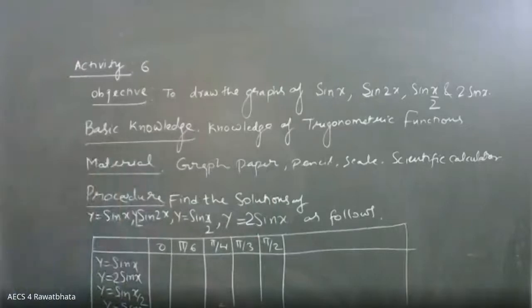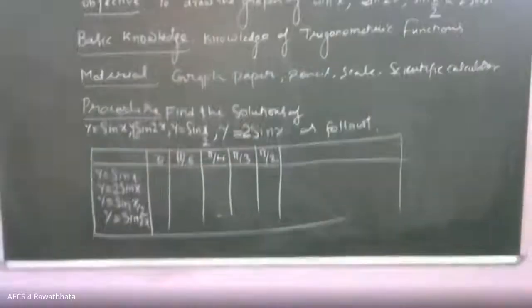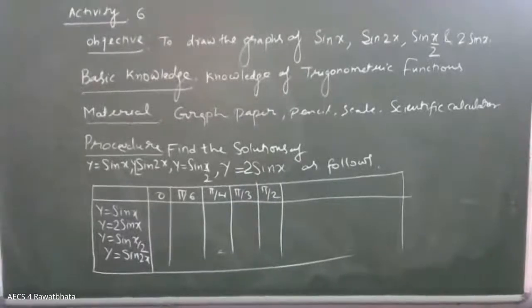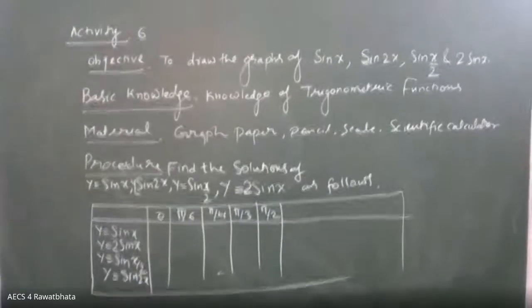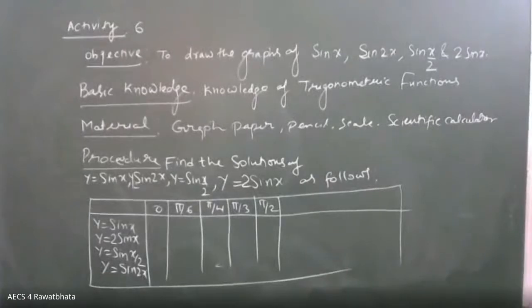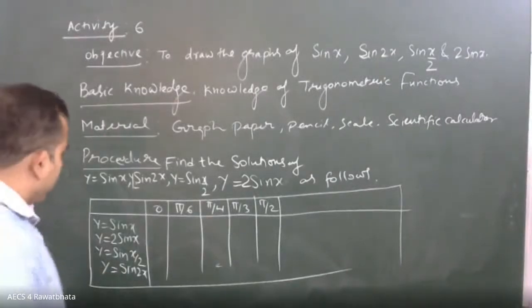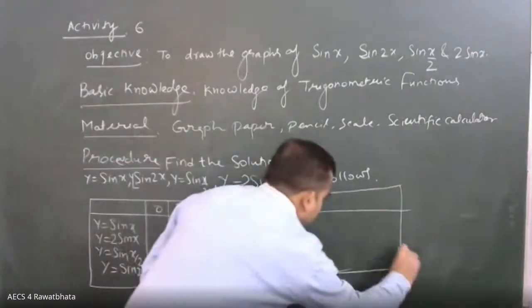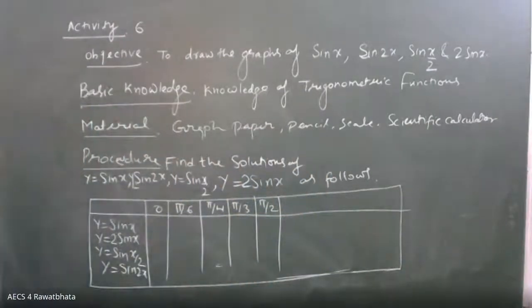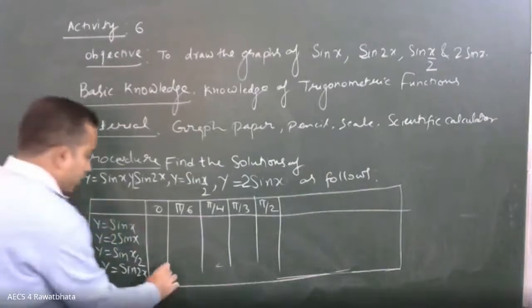Is it visible? थोड़ा सा कैमरा पोजीशन प्रॉपर कर रहा हूं. Yeah, I hope it should be visible to you now properly. Yes. Now, some values already we know. बताओ मुझे sin x, sin 0 how much? 0.